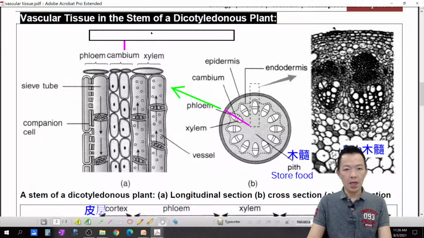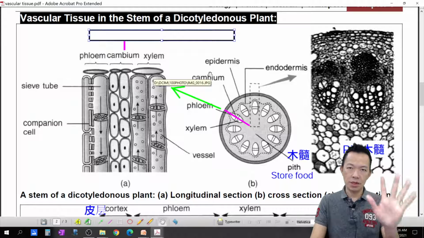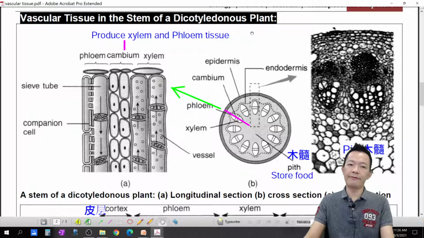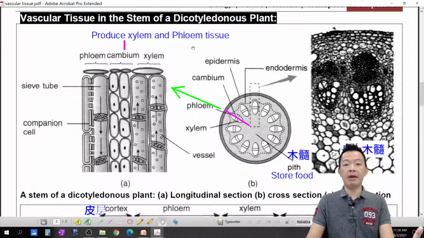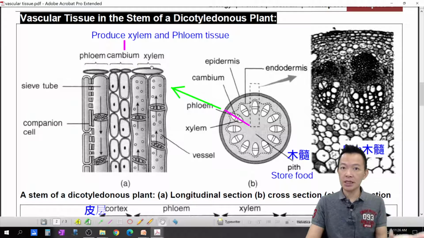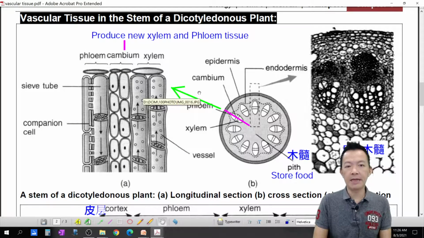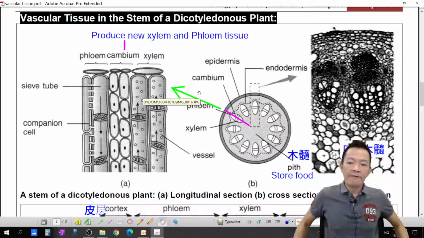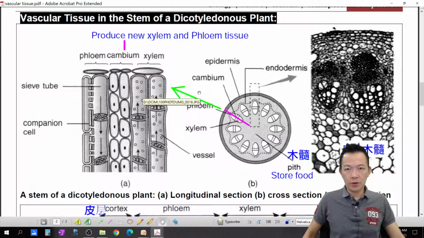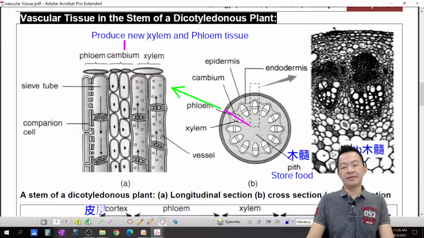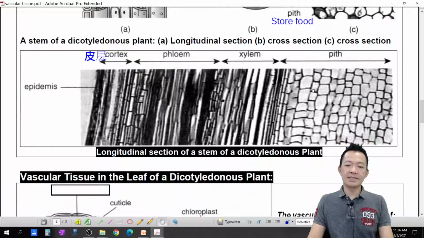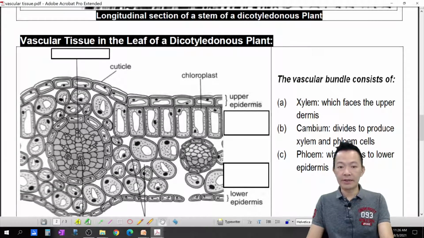As for the function of cambium tissue, I have to repeat: it produces new xylem and phloem tissue. For what? You have to go back to chapter 2, sorry, the first lesson. Next, let's look.